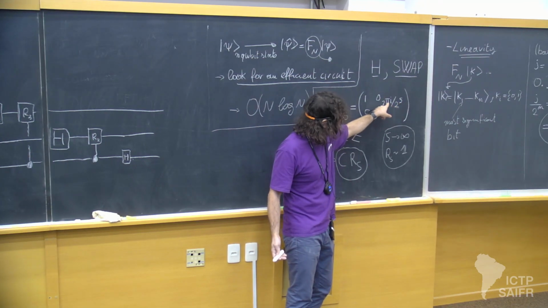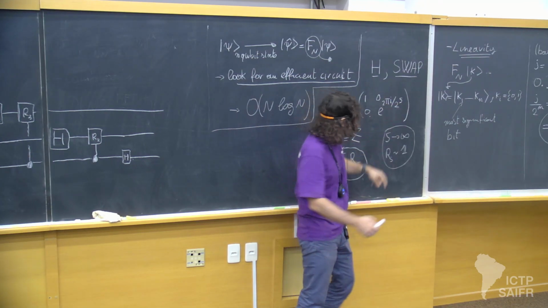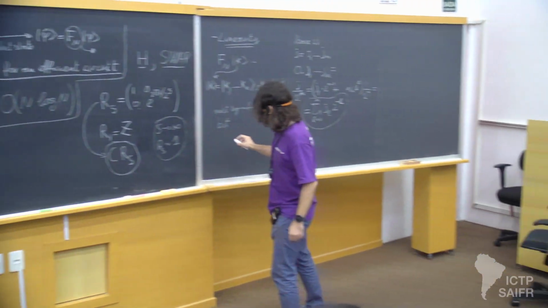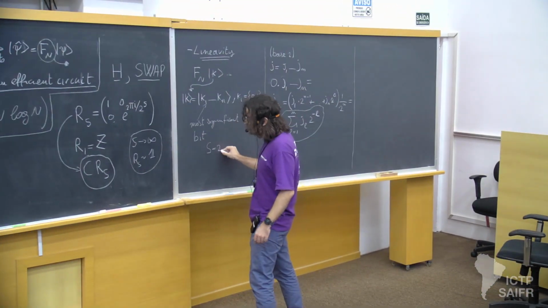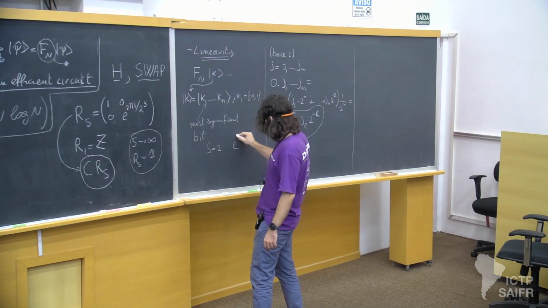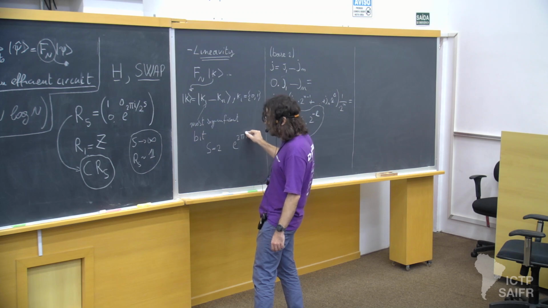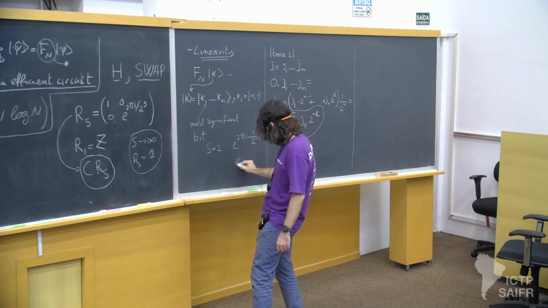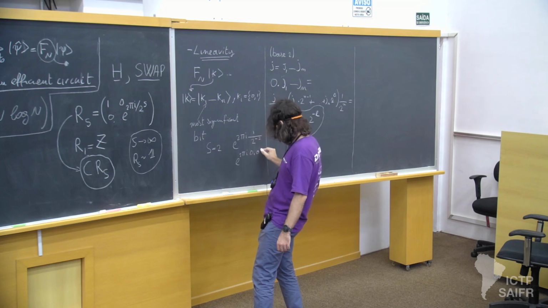So you have to play with this such that, if you put s equal to 2, this becomes e to the 2 pi i (1 divided by 2 minus 2 to the minus 2), which is e to the 2 pi i 0.01.